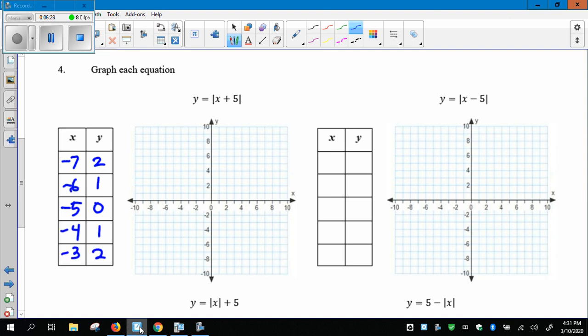I'll just plot all of those points. -7, 2 is right there. -6, 1 is right there. -5, 0, -4, 1, and so on. And once you see this pattern, you know that it's going to keep going up at that same rate in both directions. You can draw the lines, and that's what the graph looks like.